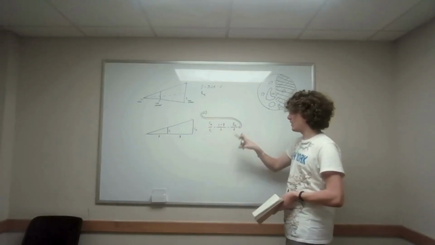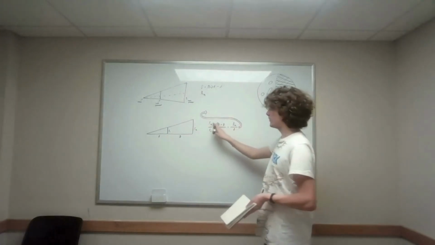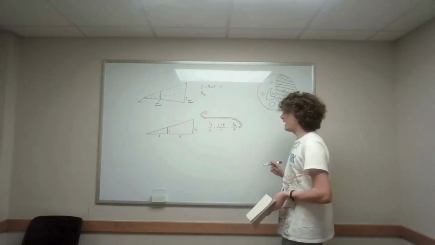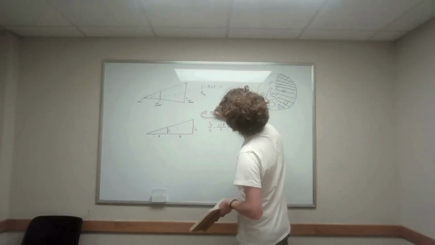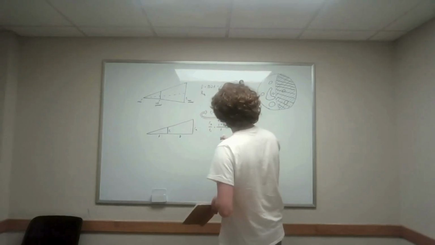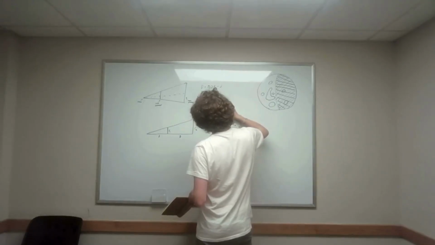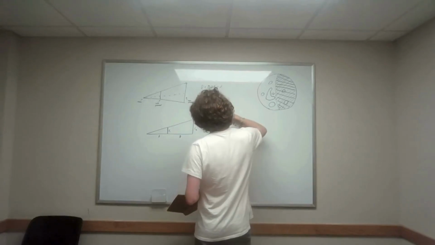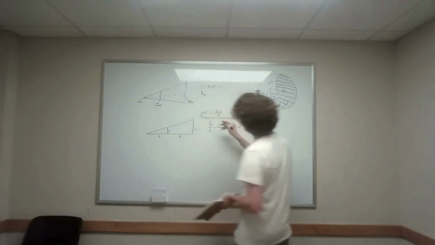So RC times big RM equals little rm times little d. And then we would just divide by big RM to get that RC equals little rm times little d divided by big RM.